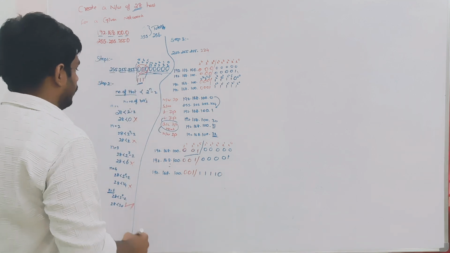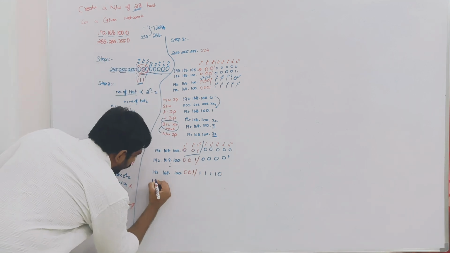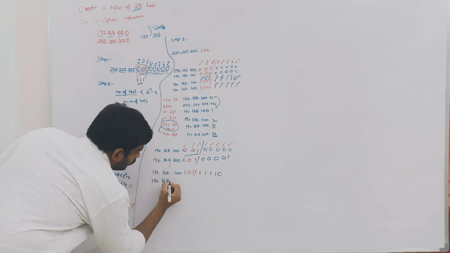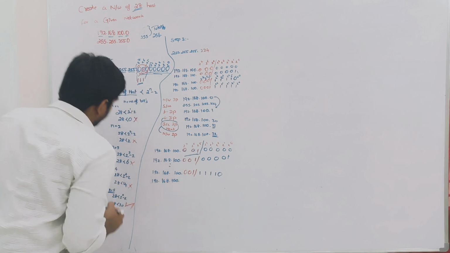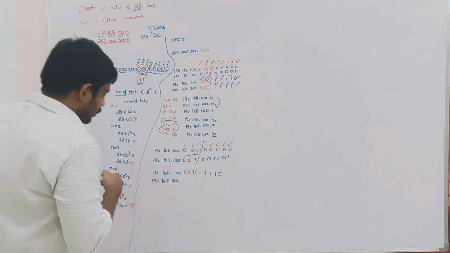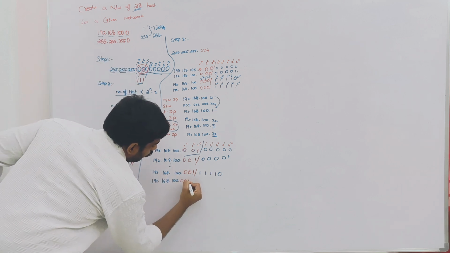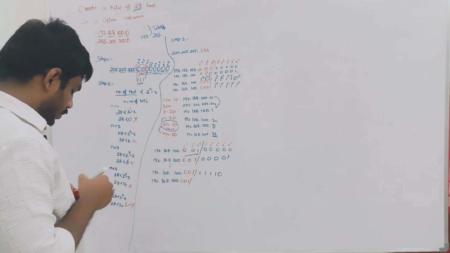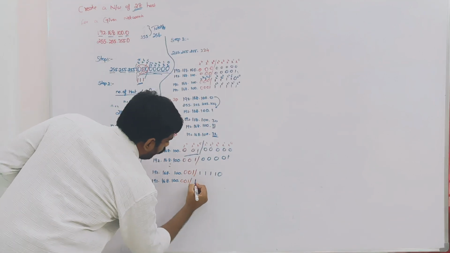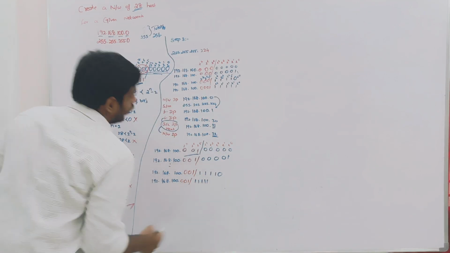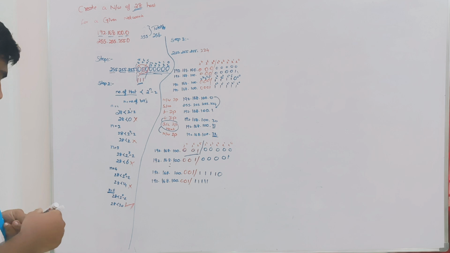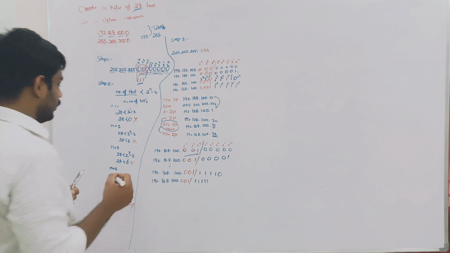This is the last IP. What will be the broadcast IP? 192.168.100.001 slash 1111111.